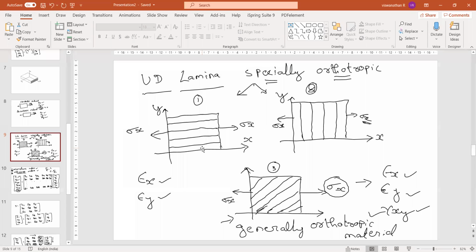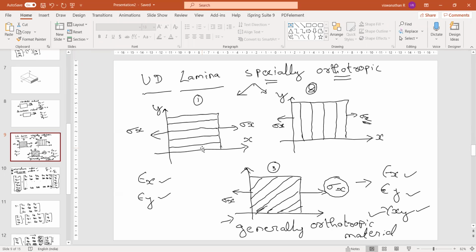But if you take an anisotropic material and you pull it, it will also undergo shear. It may also undergo bending or twisting.